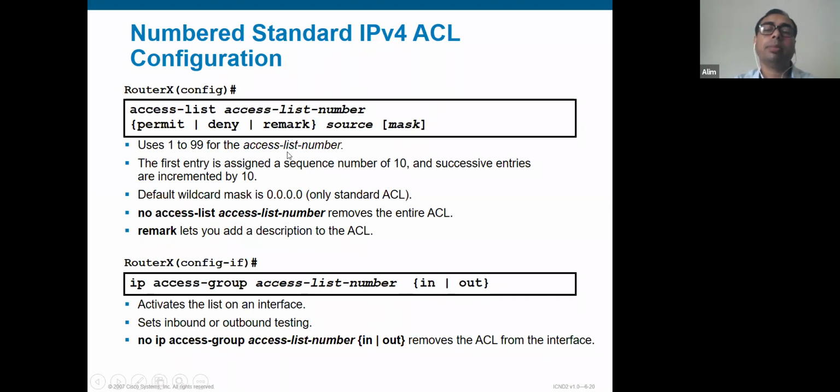You can also put a remark. Remark means you write some description or comment, so that later you can understand why you configured this ACL, or otherwise you will forget and you yourself will be confused.